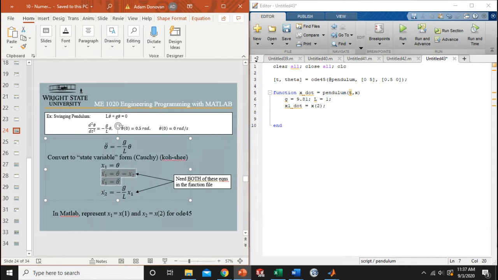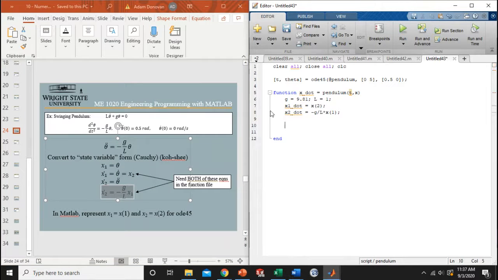Remember, I said these are the two equations, my two differential equations that I'm going to use. And then my x2 dot is going to be equal to negative g over L times x of 1. Because again, x of 1 is going to be equal to x1 right here. And that's the reason I had to solve for it in these forms, because what I needed are these two differential equations, x1 dot and x2 dot.